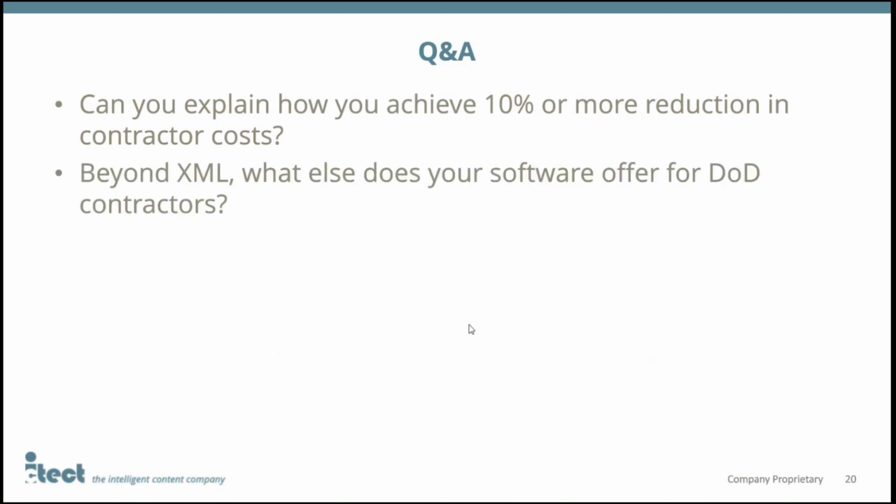All right, I can do this next one as well. Beyond the XML, what else does your software offer for DoD contractors? So as we've touched on before, the icTools, in addition to actually producing the XML, is going to be able to perform several rounds of those validation checks to make sure your documents are compliant. Now, these checks scan for errors and inconsistencies and help identify any formatting issues.